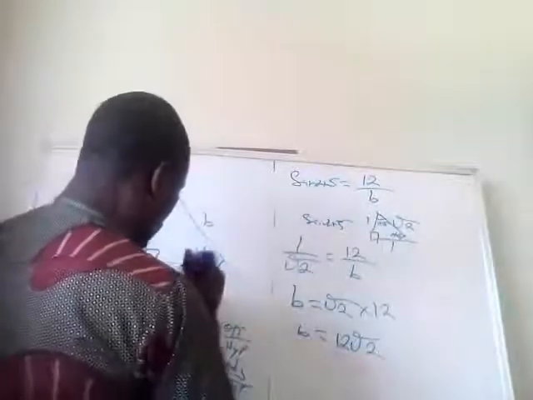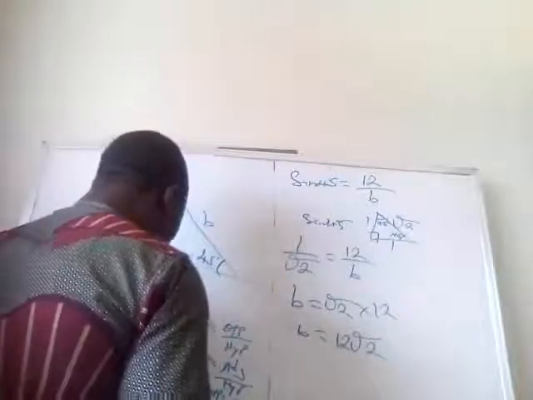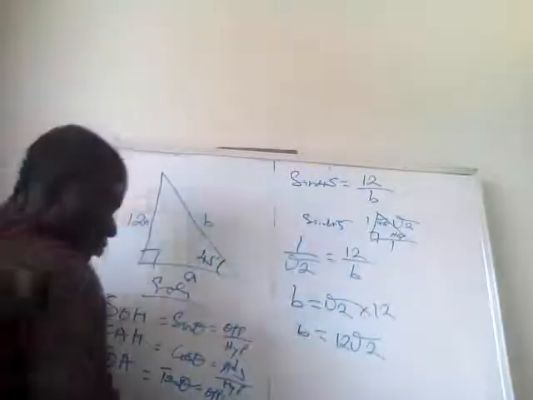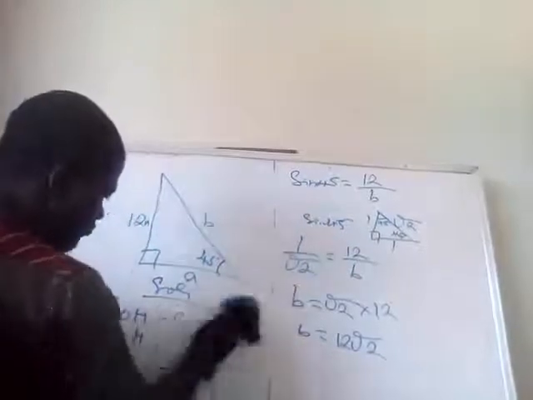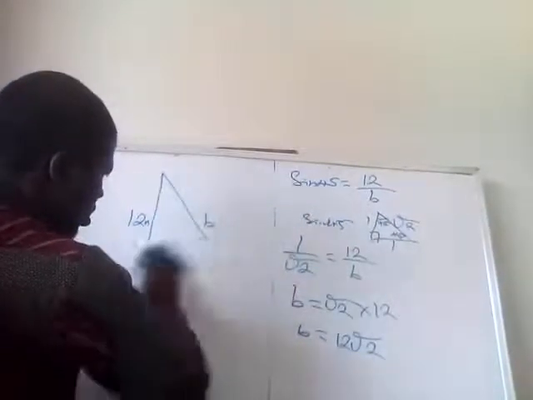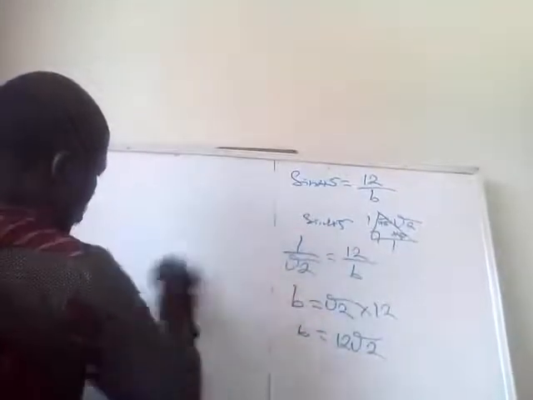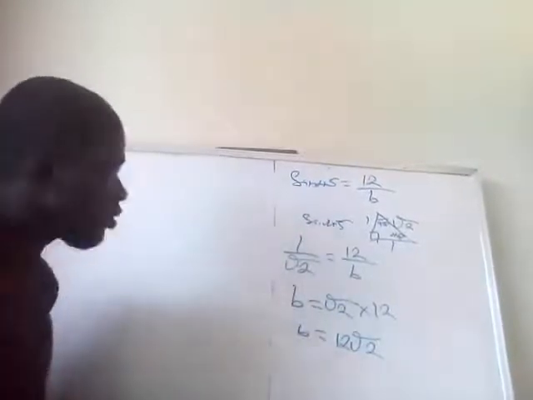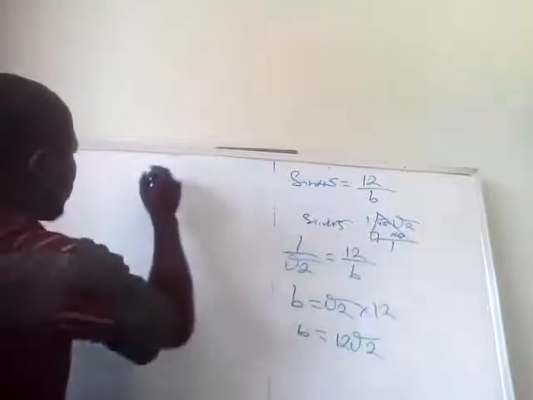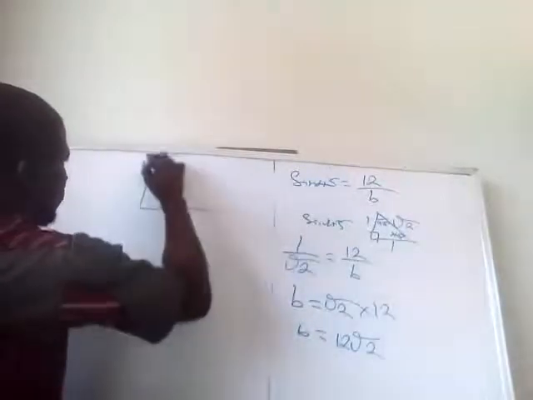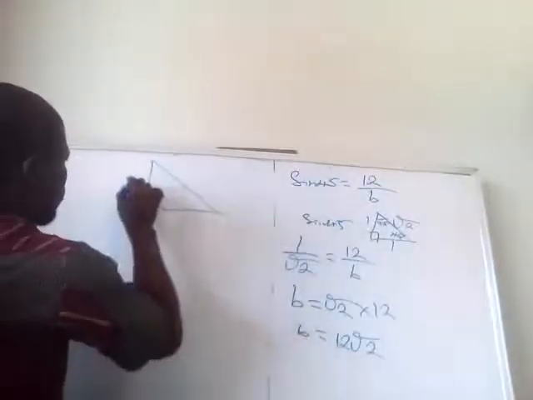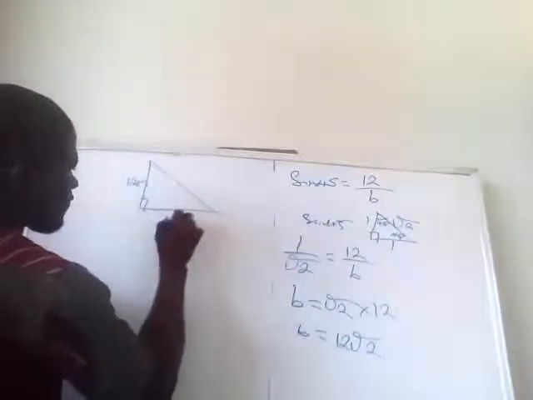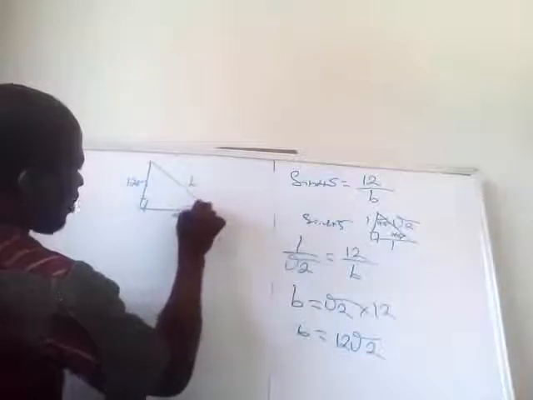So we go to the point of finding A. Remember, what we were given is something like this: 12 meters, then A and B. You have 45.